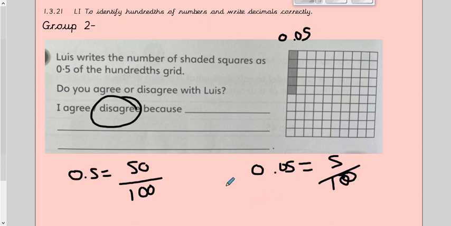Okay, so he has mixed up his tenths and his hundredths, and he has written the 5 in the tenths when it should be in the hundredths. And that's basically how straightforward that question is. It's quite a tricky one to get your head around, the fact that you should write the tenths in the tenths and the hundredths in the hundredths, but we're going to do some more work on place value tomorrow, so hopefully that will help.